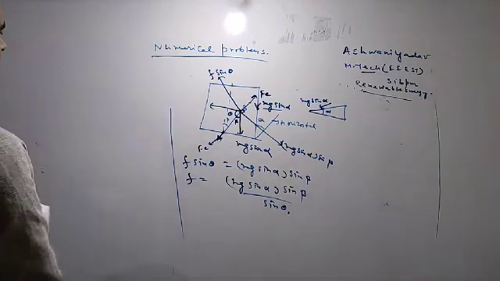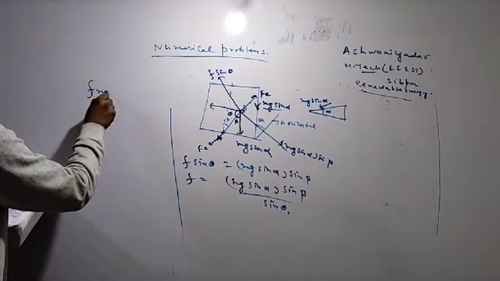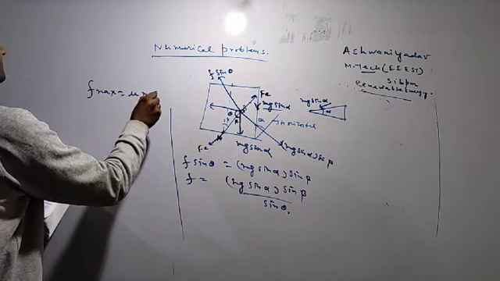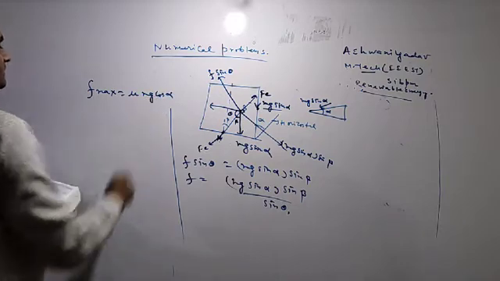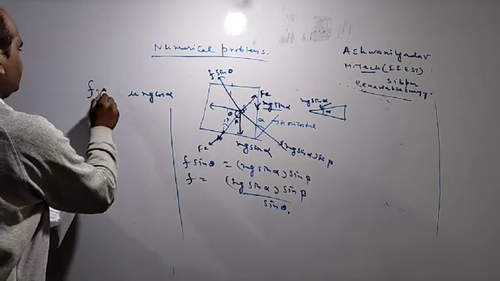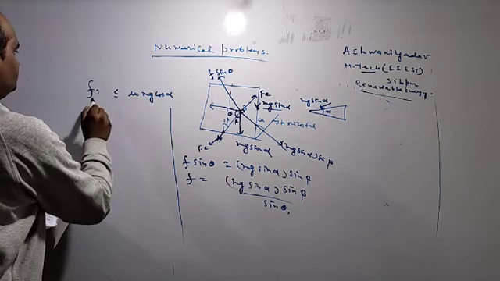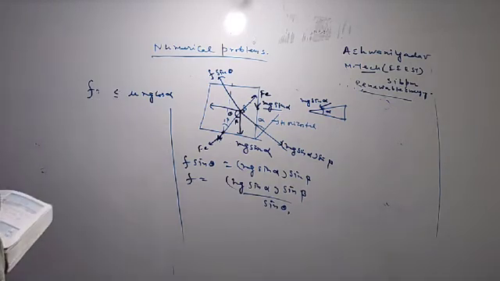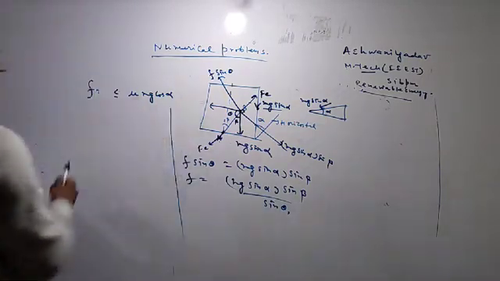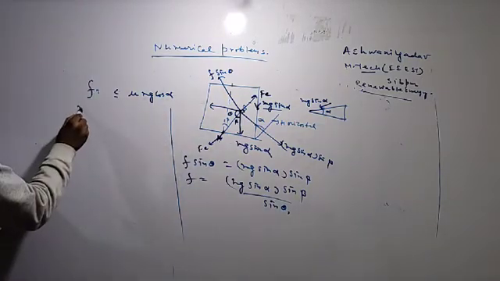What will be the maximum value of friction force? F max is mu into normal, that is mg cos alpha. The friction force can be written with the inequality less than or equal to mu mg cos alpha.